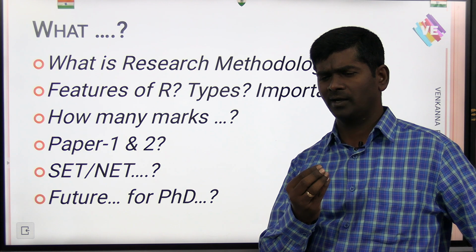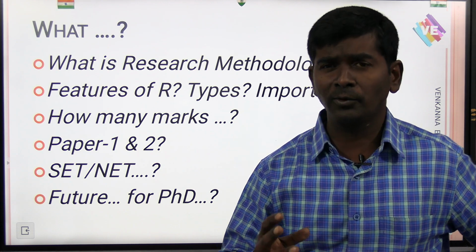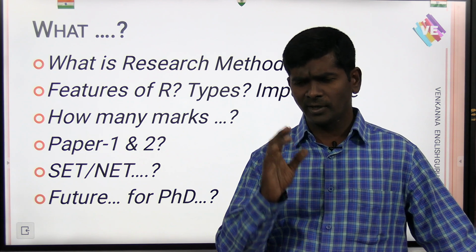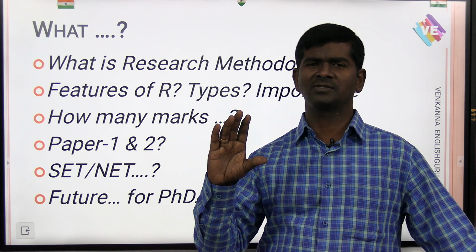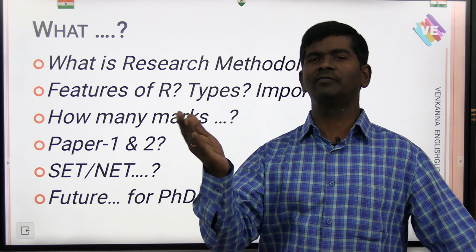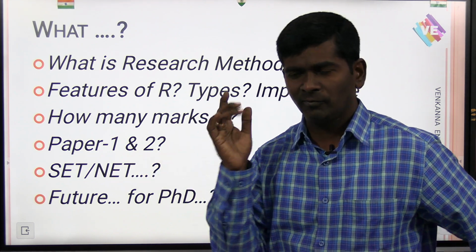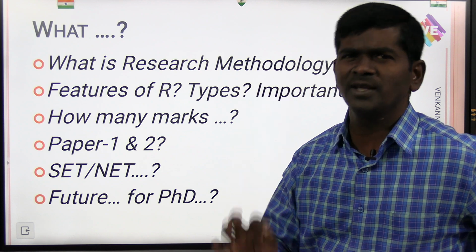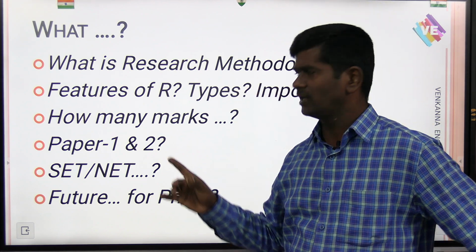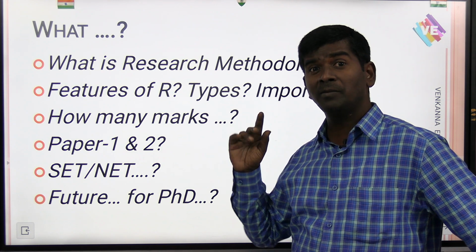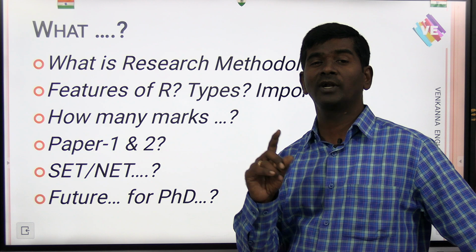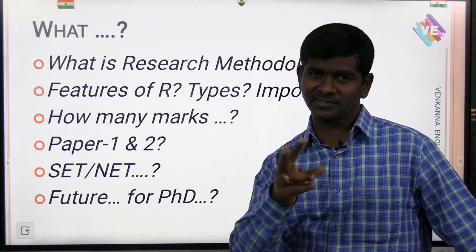I suggest students not just read the words but read the basic aspects, with the right point of view, to have a good score. What is the first basic quality needed to be a researcher? Minimum 15 to 20 questions means 30 to 40 marks you will get in the 2 papers.